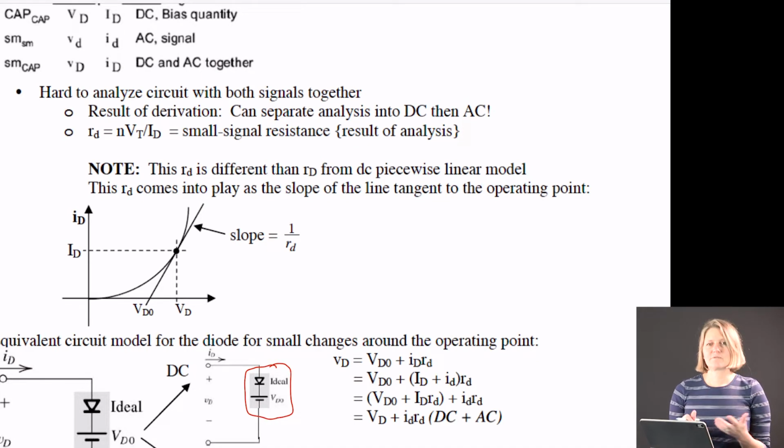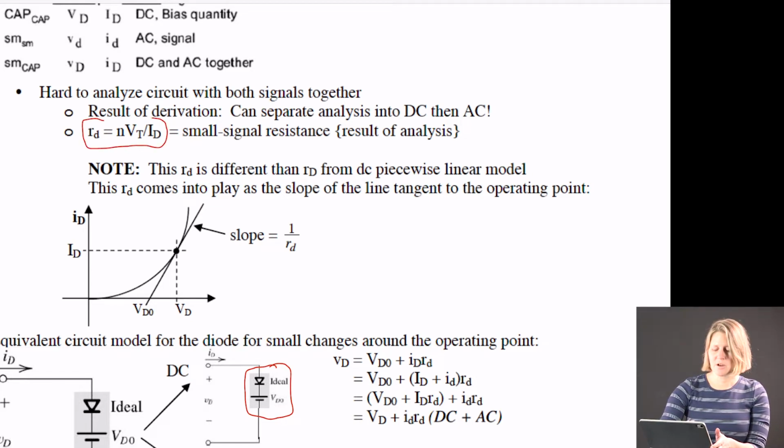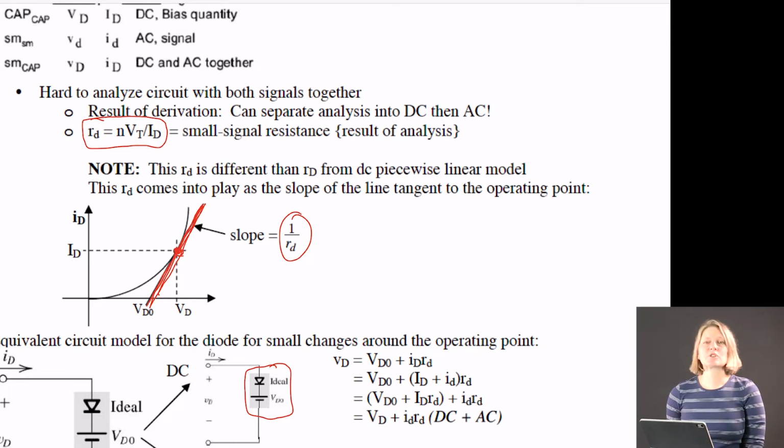So what is found in the derivation is that we can use a parameter, and in this case it's called the small signal resistance, which is the derivative of that exponential. So when we take the derivative, we find the slope of a line, and it intersects the current equation, and that slope ends up being 1 over RD.